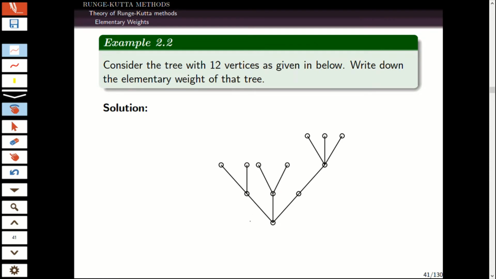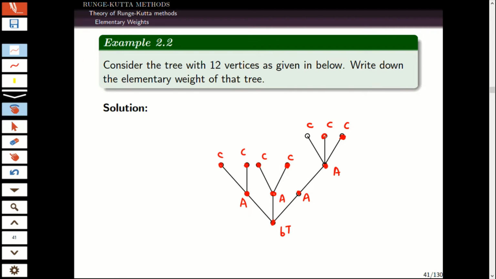So the elementary weight is given as, okay, the root will be b transpose, and then here will be my A, this one will be my c, c, this will be my A, this will be my c, c, A, c, c, c.